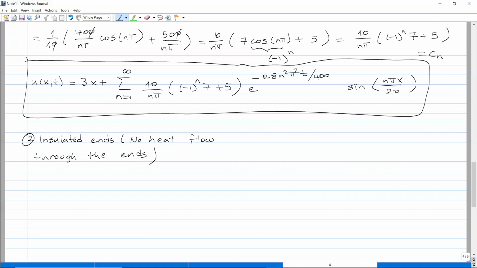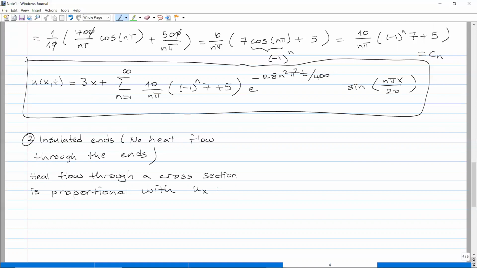That means now heat flow through a cross section is proportional, this is a physical phenomenon, so that's also given information, to the rate of change of temperature in the x direction, so U sub x.